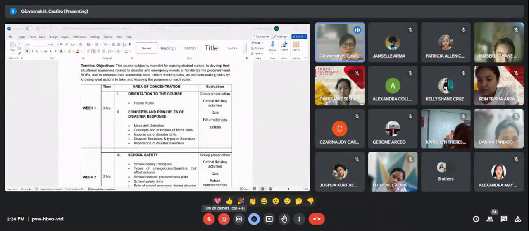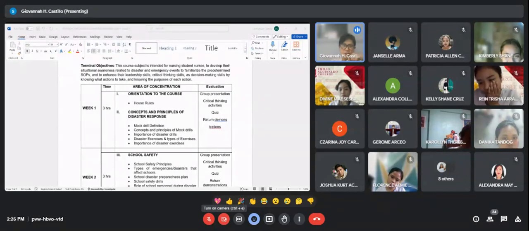And then, sa second part ng week 1, you're going to talk about the concepts and principles of disaster. So, ang disaster kasi pwede siyang product ng social interplay between human and physical or social world. Pwede kasi siyang natural, pwede siyang man-made na disaster.